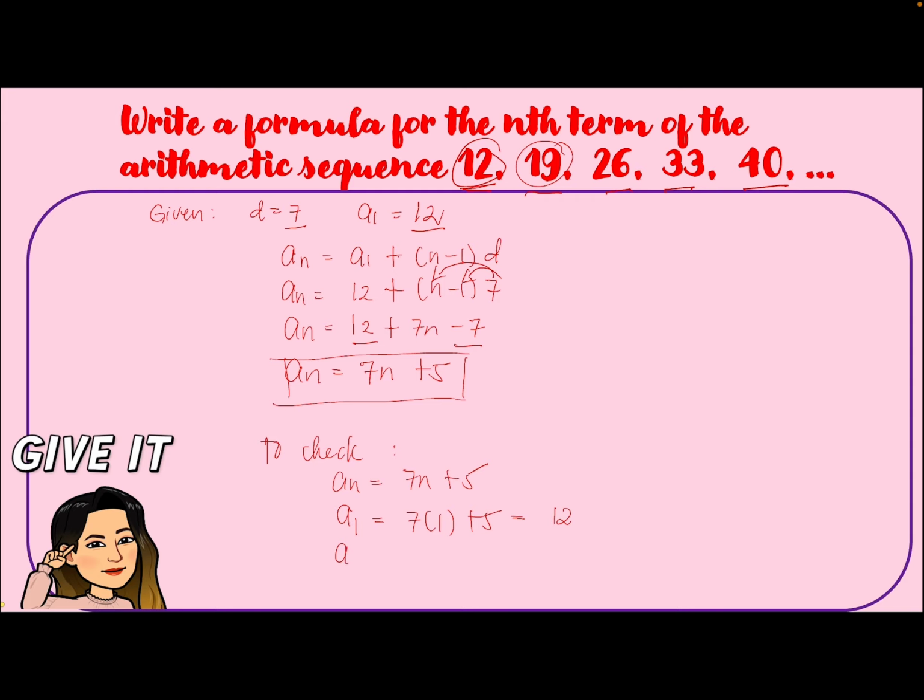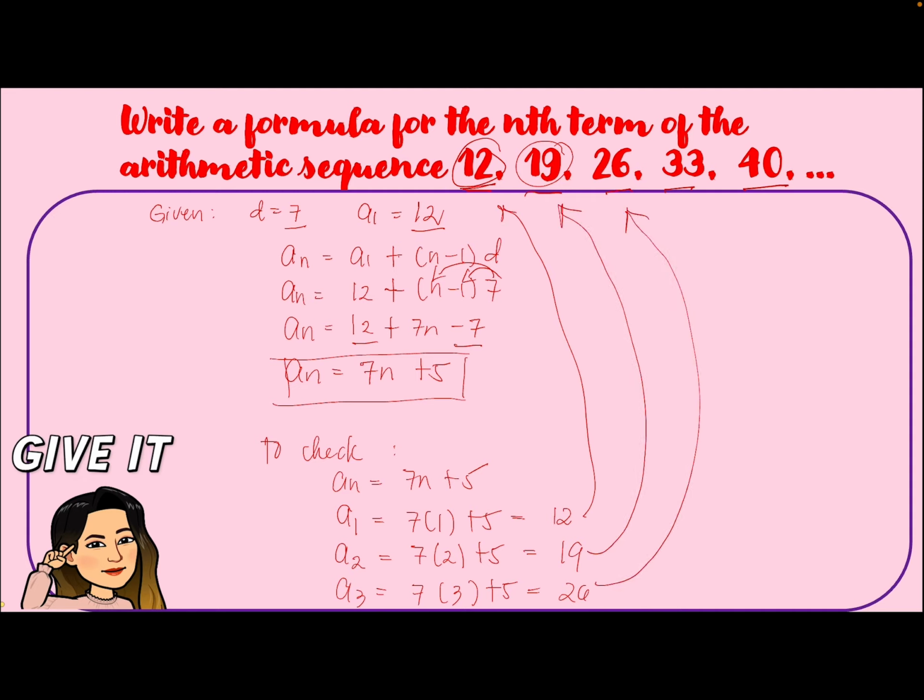And then the second term, a sub 2, 7 times 2 plus 5 equals 19. And a sub 3 is equal to 7 times 3 plus 5 for the third term. Okay, we have 26. So as you can see, they are just the same. So meaning, the formula we got is correct.